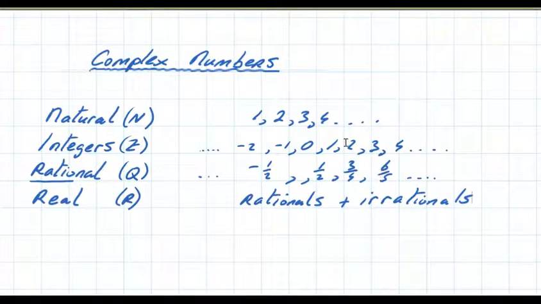That would include all previous numbers, because, for example, a number like 4 can be written as 4 over 1, or -2 is -2 over 1. So the rationals includes everything so far. Therefore, the reals includes the rationals, which is everything so far, plus a new set now called the irrational numbers.